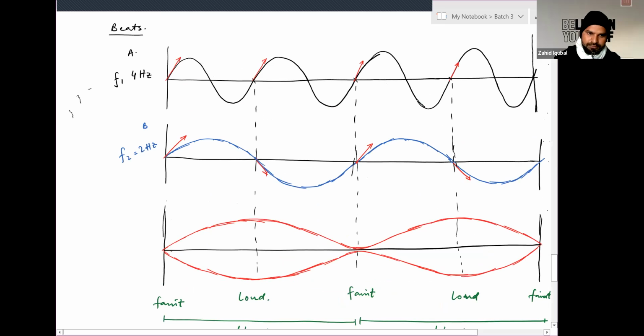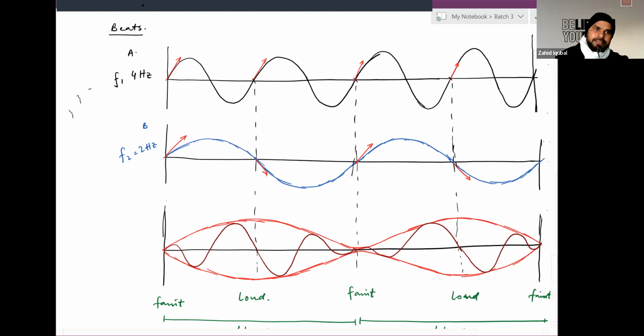So there will be another curve like this. In this part, we have two different terms. One is this term, which is nothing but f1 minus f2, and the other is this part, which is nothing but f1 plus f2.